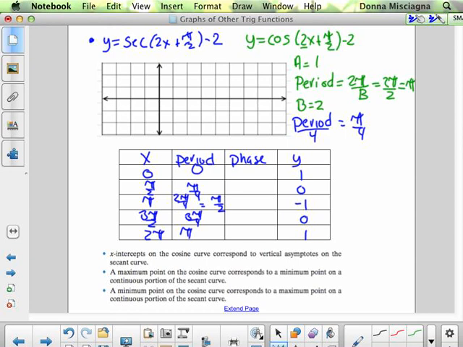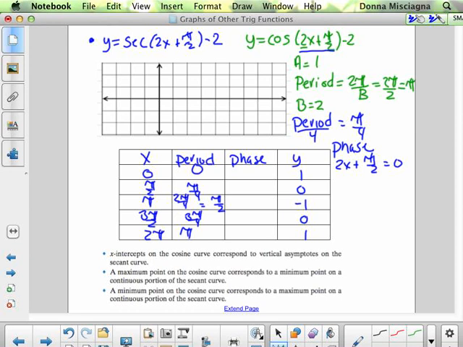There's one other thing that occurs with x, and that is a phase shift. You can either factor out the 2, or if you prefer, you can just set that whole parentheses equal to 0 and solve for your phase shift. So 2x plus pi halves equals 0, because we would start off on the y-axis, but we've been shifted.